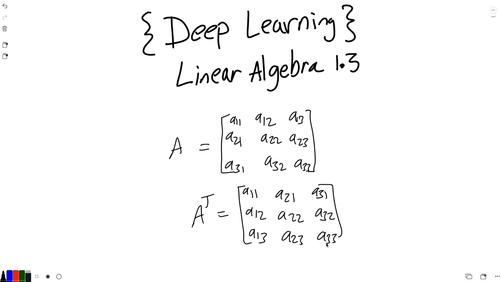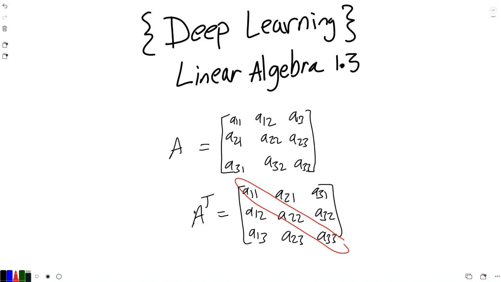You can see here that the diagonal stays as it is, but each element is just swapped. So A21 goes above the diagonal, and A12 becomes under the diagonal, and so on.